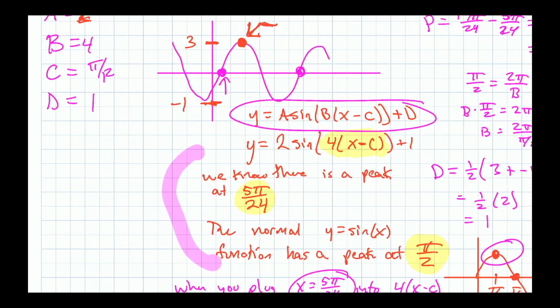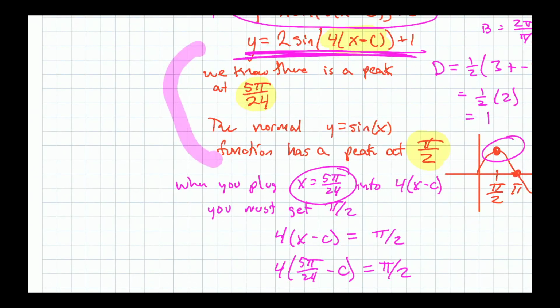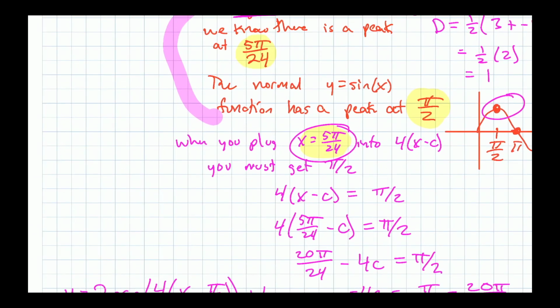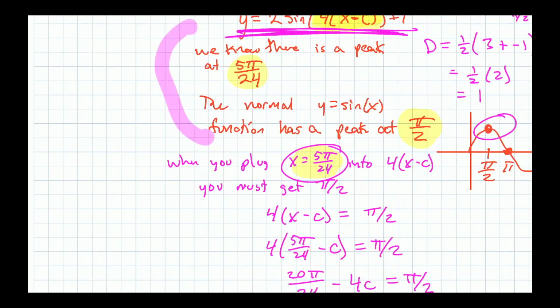So maybe stick to this idea. When you get to the c, write out what you know, like this. And then just say that if you know where this point is, that peak on the sine, well, the peak was at 5 pi over 24, and the inside of the sine function, highlighting it again, must be equal to pi over 2 there.